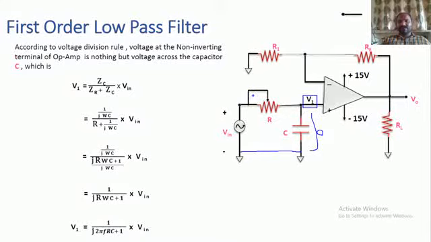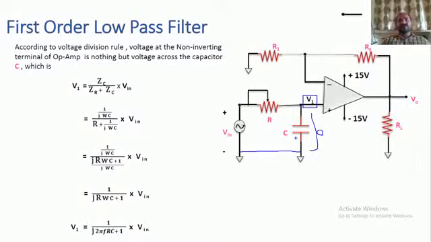If you see this, as per basic circuit analysis, this is acting as one loop. In a particular loop, when you would like to calculate the voltage drop across one element like a capacitor, you can apply the voltage division rule to that loop. By applying the voltage division rule, you can calculate the voltage drop across any element in that loop.